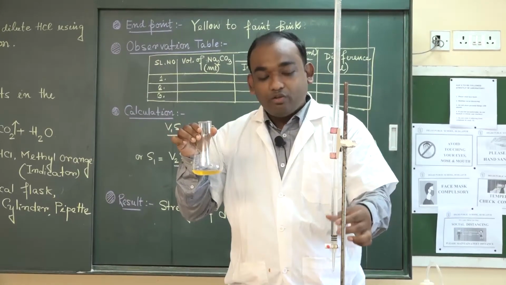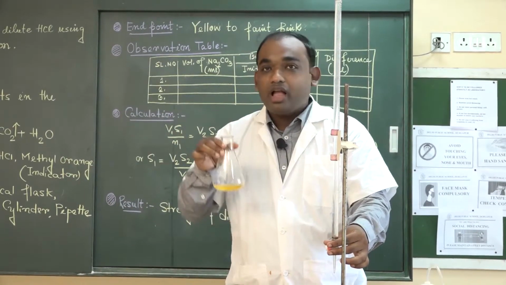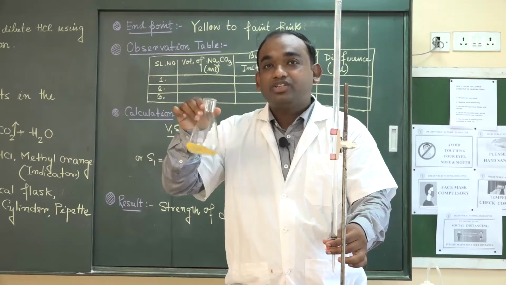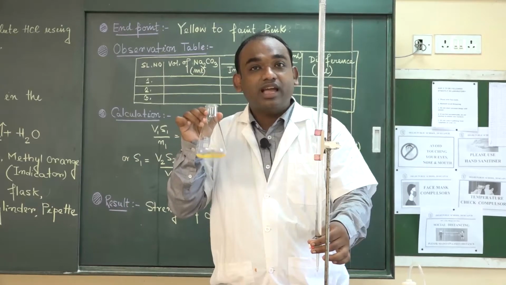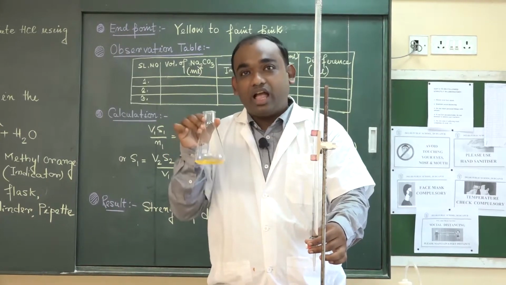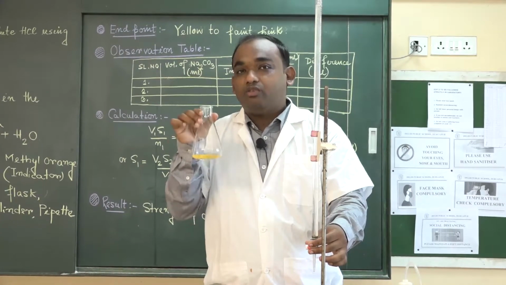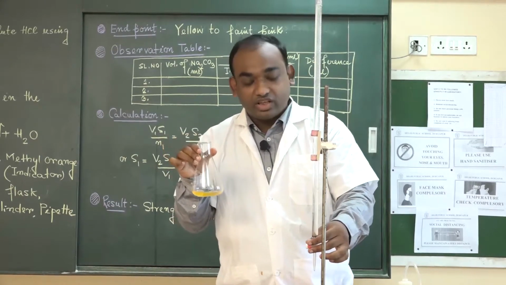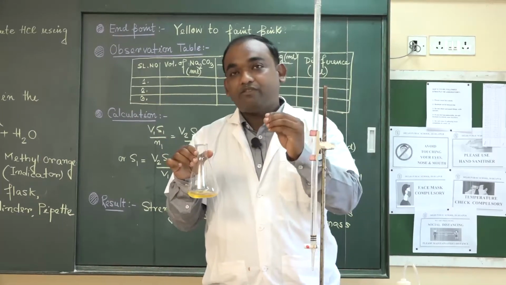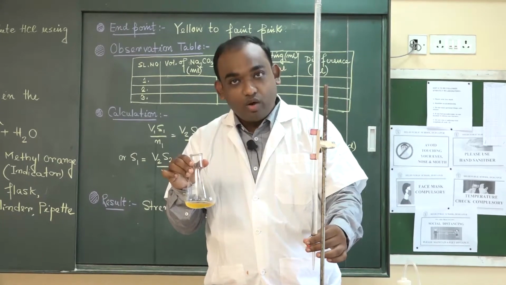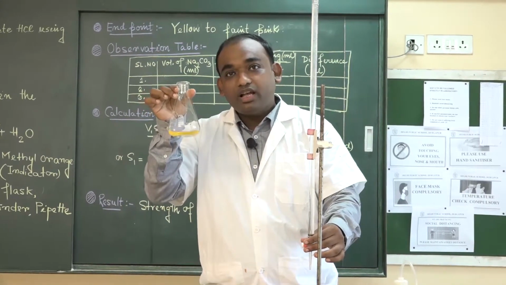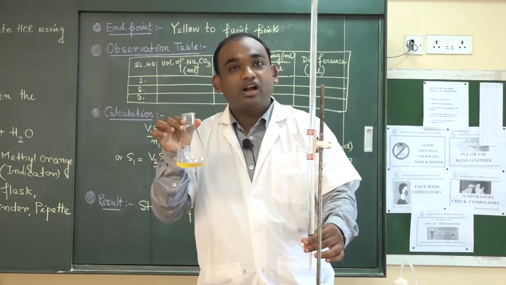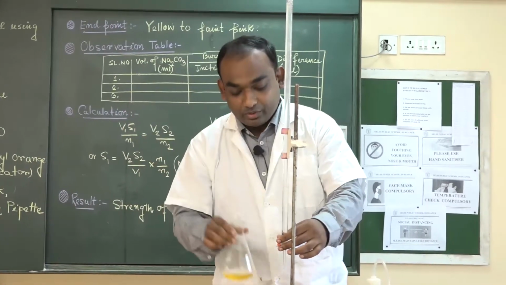My left hand will be controlling the knob and my right hand will be shaking the solution. These two processes will be simultaneous in nature, and we have to watch how the color is changing. So my left hand, I am putting it at the knob, and my right hand is already holding the solution. Now let us start the titration procedure.